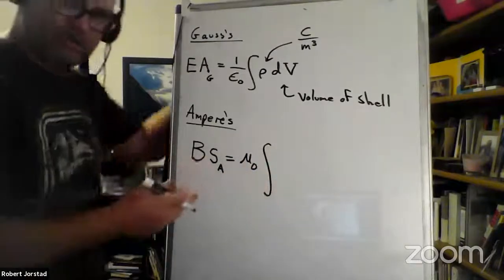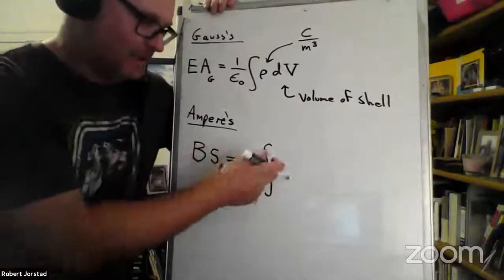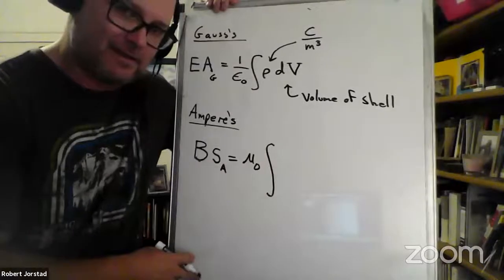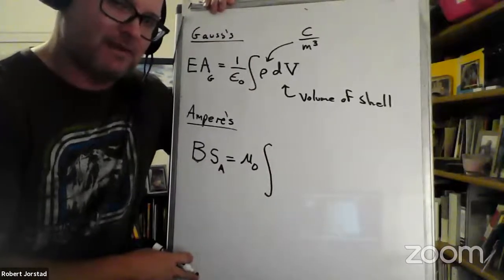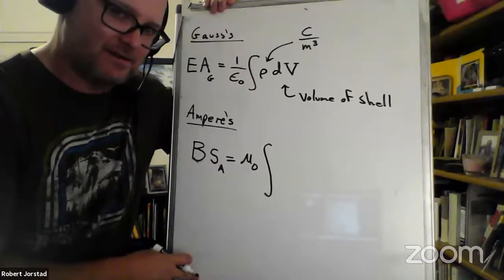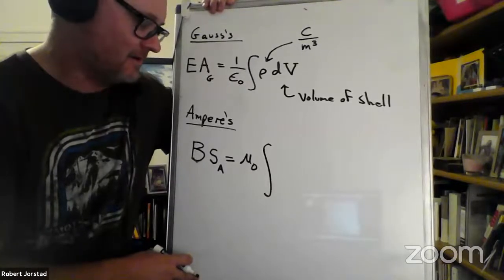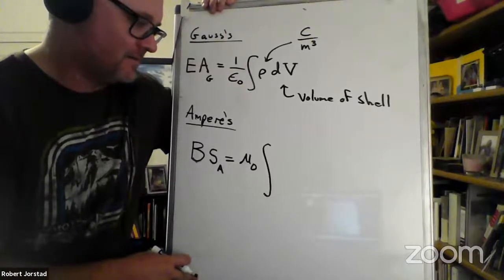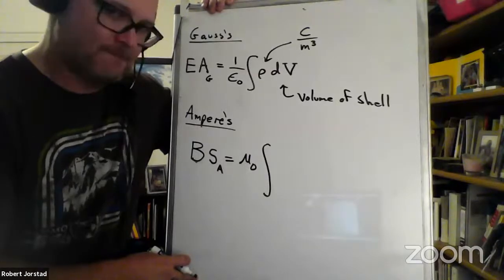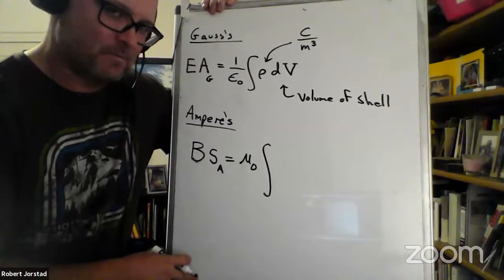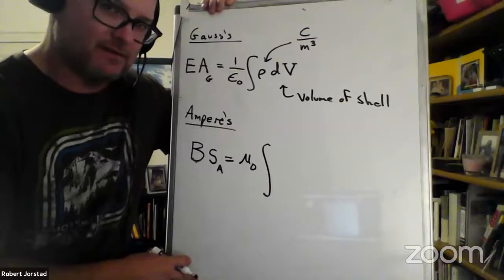What would be the equivalent way to get current enclosed? What would the integral look like? What did we have to integrate earlier in the semester? Do you remember? What was the density for current?